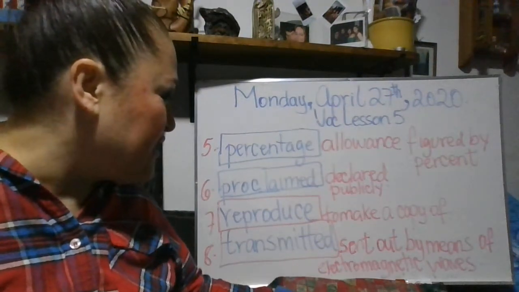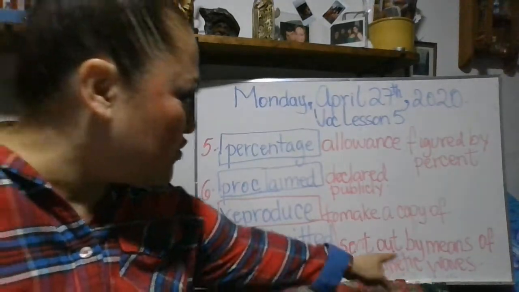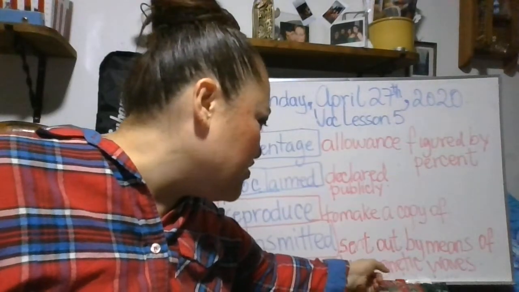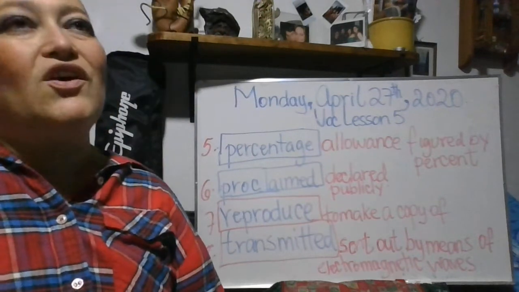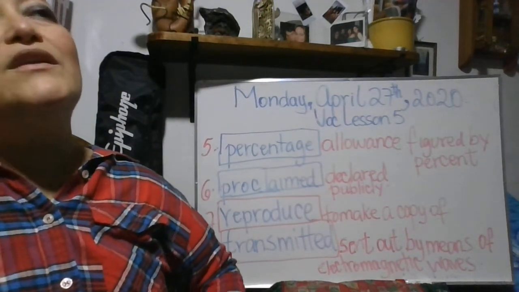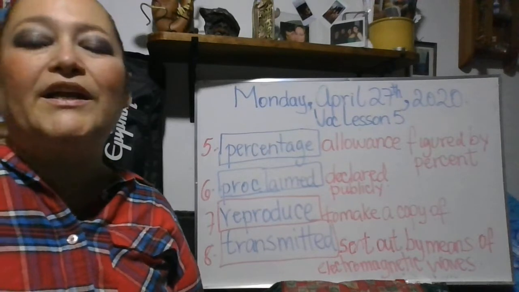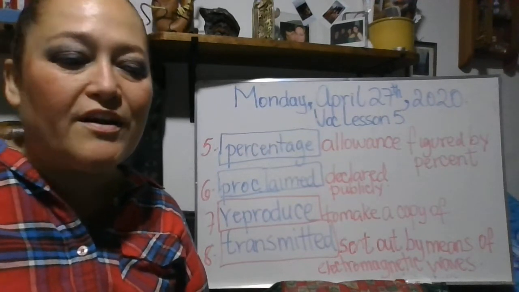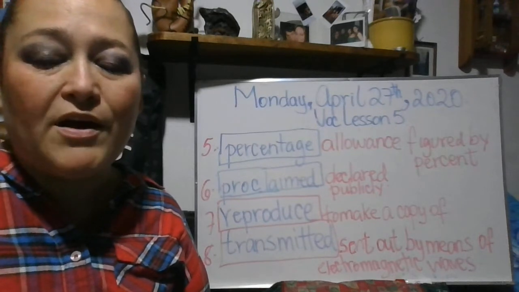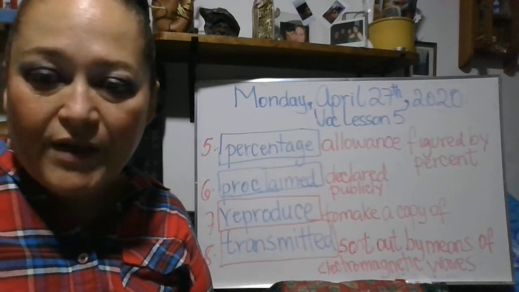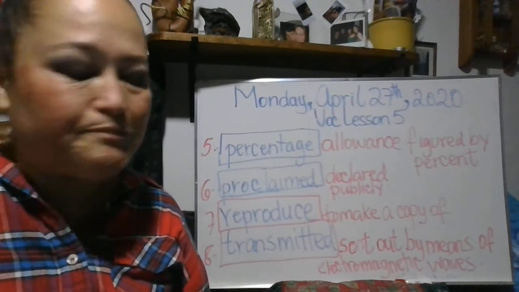And transmit it, sort out by means of electromagnetic waves. This is talking about, this is all related to inventions, because we're gonna find out the biography of a very famous inventor, a scientist, okay?